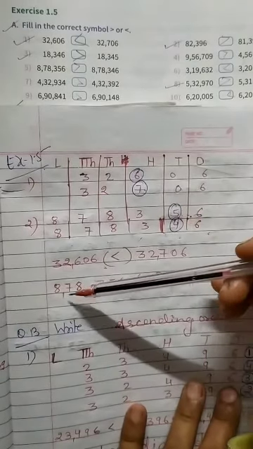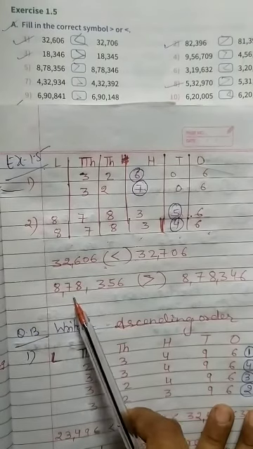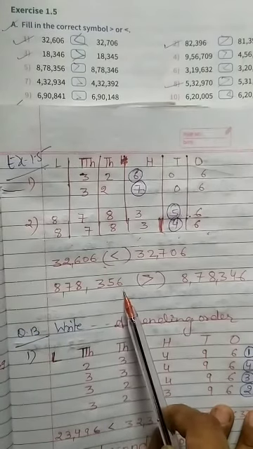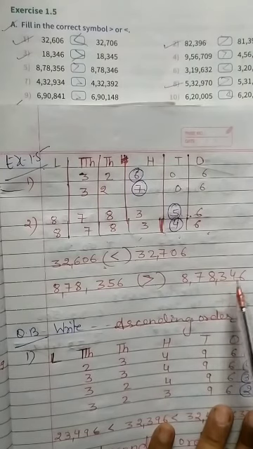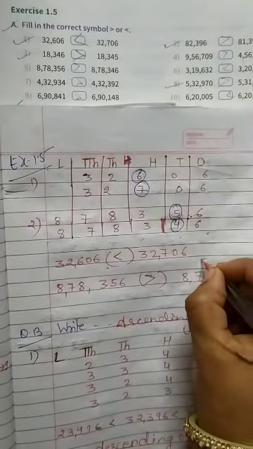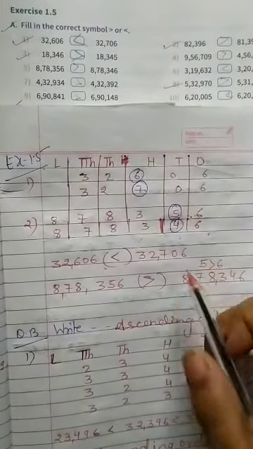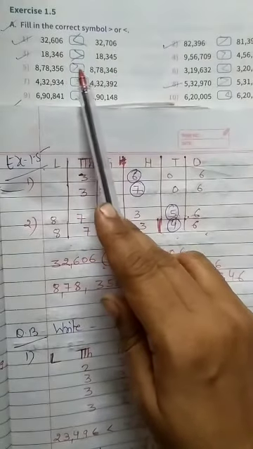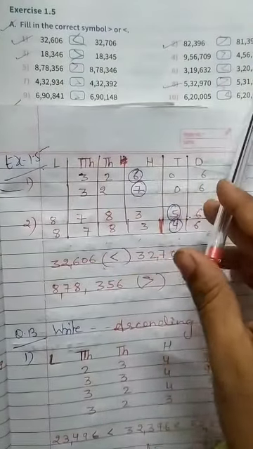It means 8,78,356 is greater than 8,78,346, because 5 is greater than 4. So you have to compare the numbers to each other.